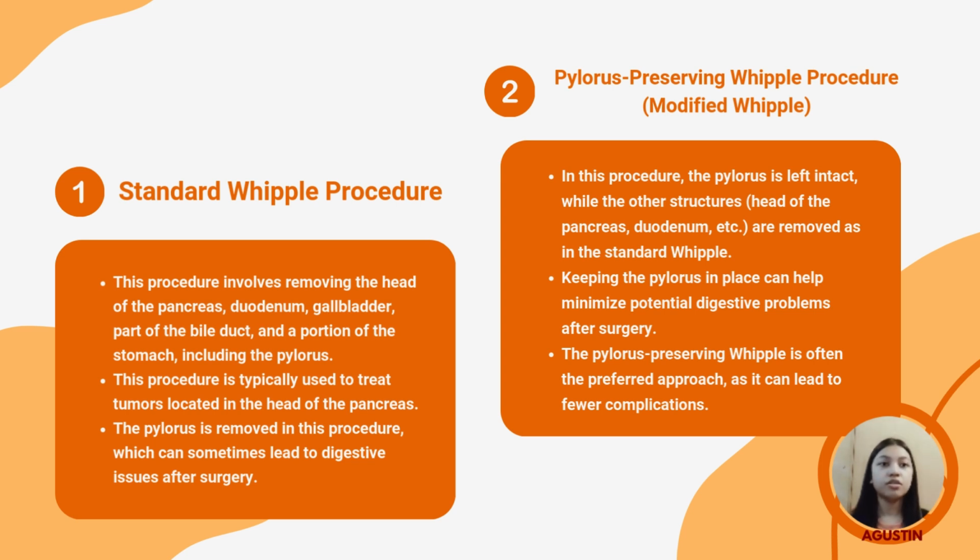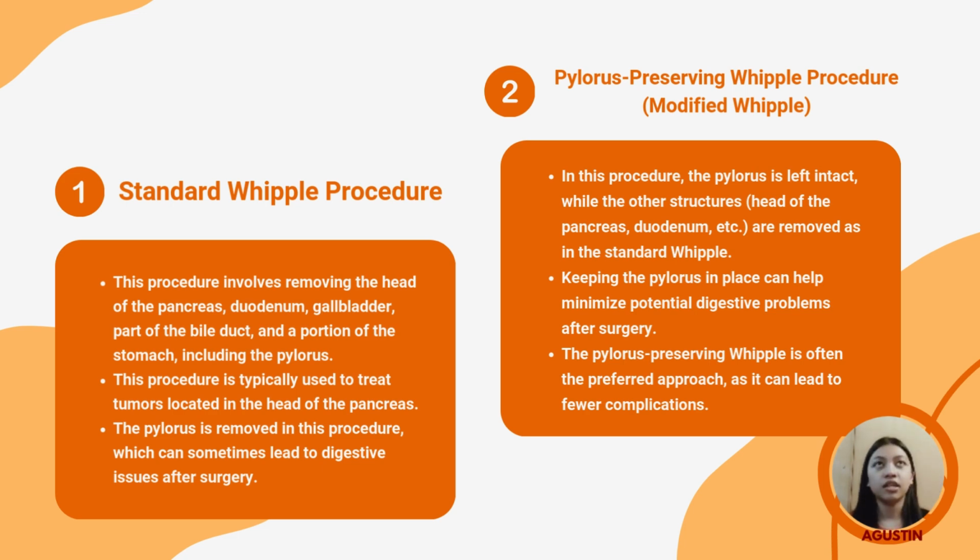So this procedure is typically used to treat tumors located at the head of the pancreas. So when the tumor is located at the head of the pancreas, the standard Whipple procedure is performed. The pylorus is removed in this procedure, which can sometimes lead to digestive issues after surgery.